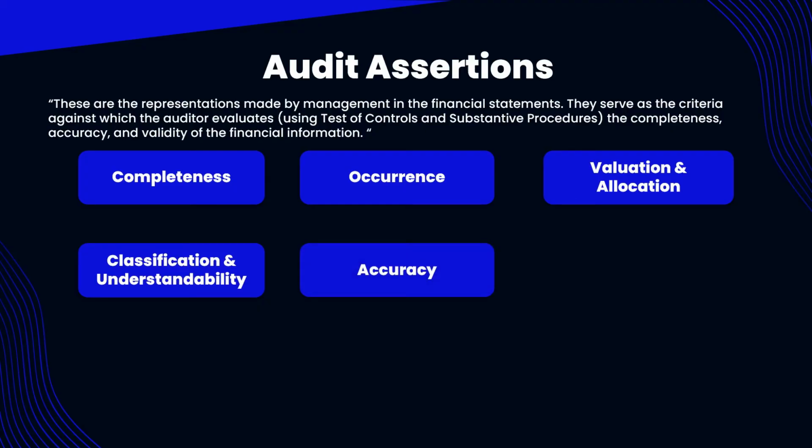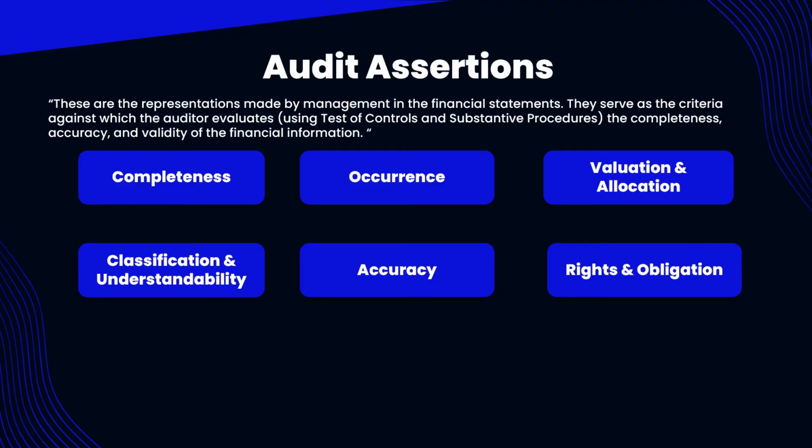Another one is accuracy. Management claim that financial information is recorded accurately and there are no material misstatements. However, auditors will perform detailed testing to verify the accuracy of financial transactions and accounting balances. Rights and obligations. Management claim that the organization has legal right to the assets and liabilities, so they represent valid obligations.